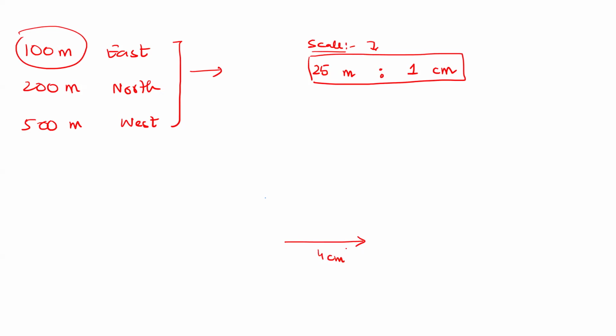Well, that's done. Then the car traveled 200 meters north. So according to the given scale, I have to draw now a line of how many centimeters? It should be 8 centimeters, right? So let's draw a line of 8 centimeters here. That's north, and that's east. So let's move ahead with that.